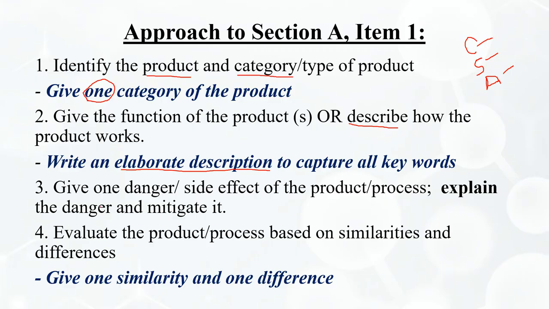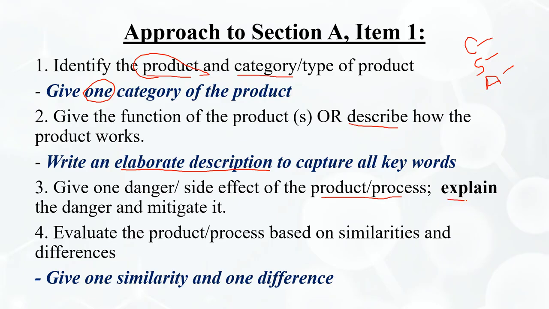Number 3, give one danger or side effect of the product. The product we're talking about is the one we mentioned right away in number 1. If I've identified the product in number 1, it is the one we keep talking about even in number 3. Here, give one danger or side effect of the product or process.